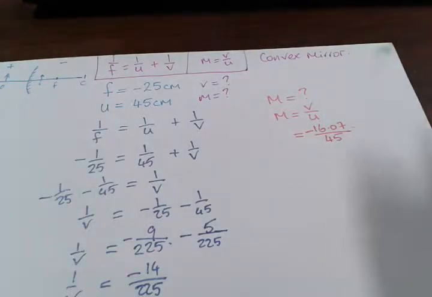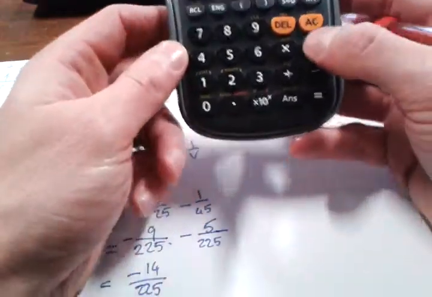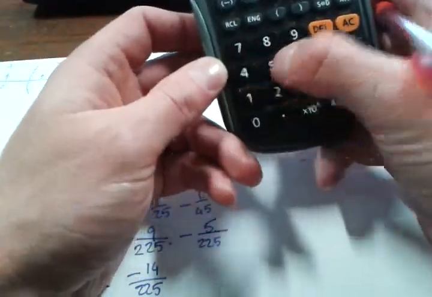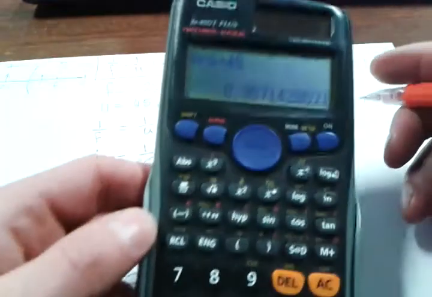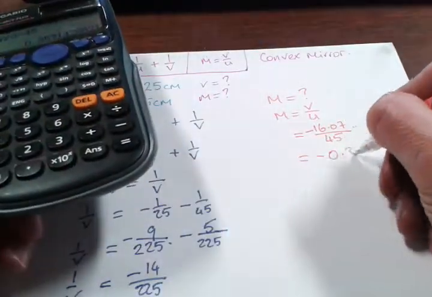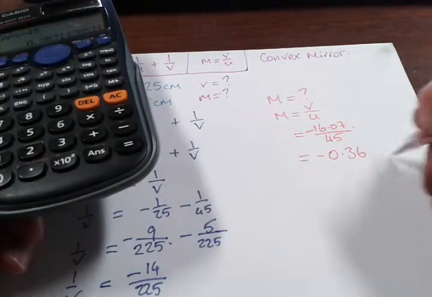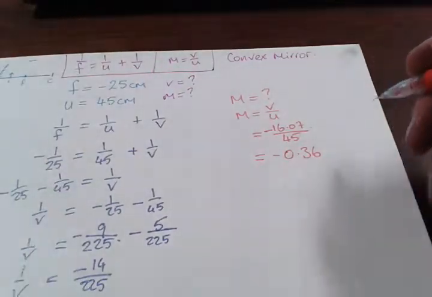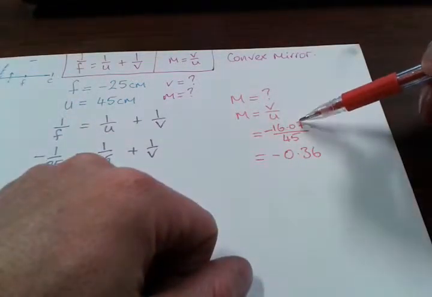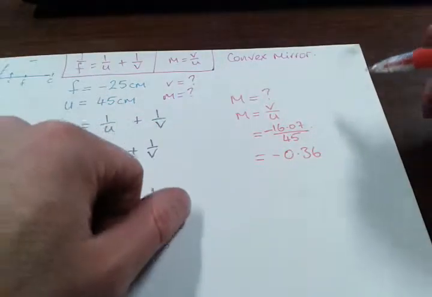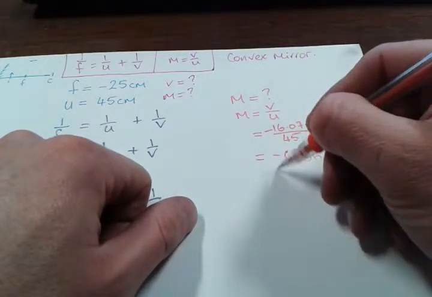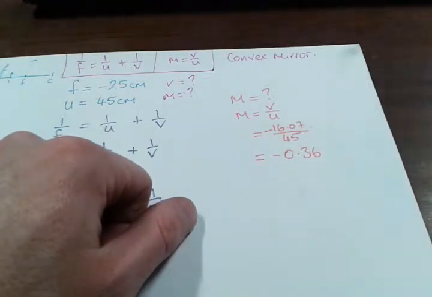This is a negative value, but I'll handle the sign on its own. Divided by 45, it comes out as 0.36, so minus 0.36. No units on the end of magnification because it's just a certain number of times. It's centimeters divided by centimeters, so the units go away. So minus 0.36. The minus sign just tells us that it's virtual.